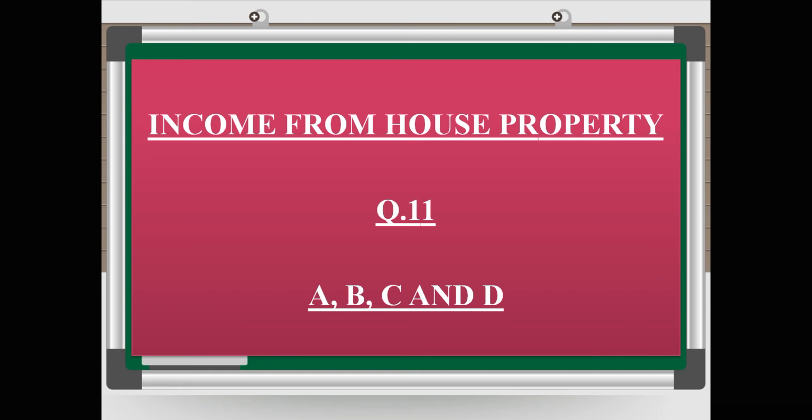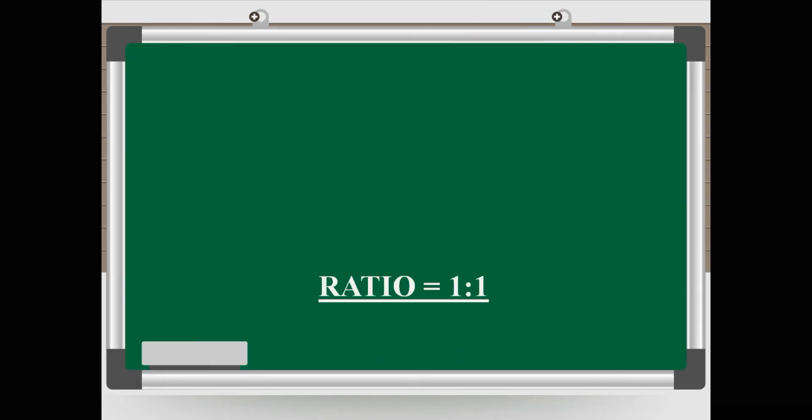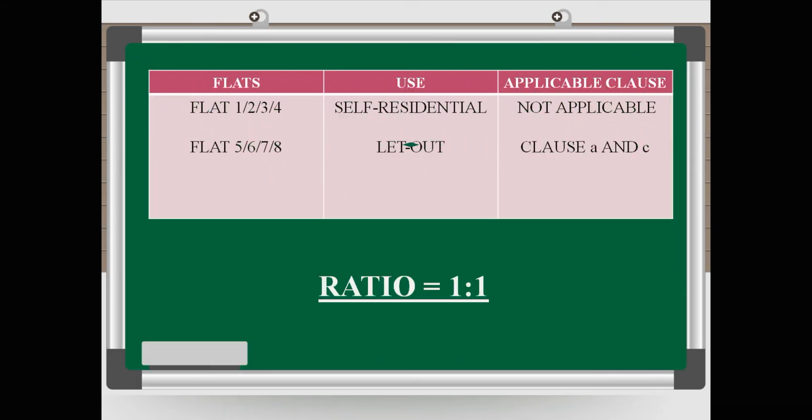Refer to the first paragraph once again. A, B, C, and D are equal owners of a property consisting of 8 flats. Four partners are occupying one flat each for residence. That means four flats are self-residential, and the balance of flats are let out for 5,000 per month per flat. So here is the composition.